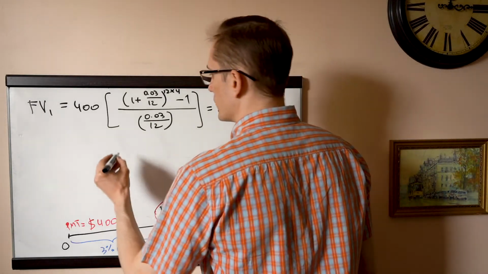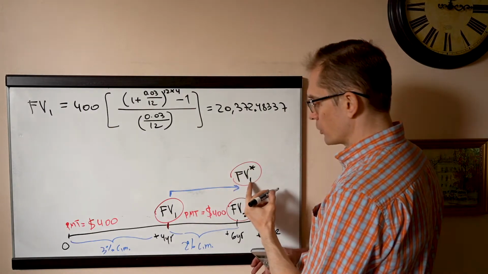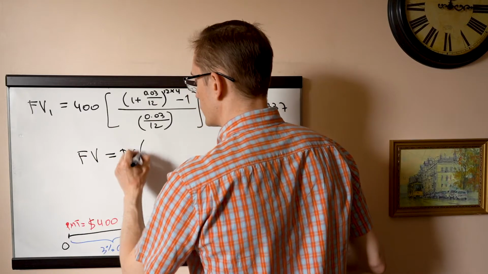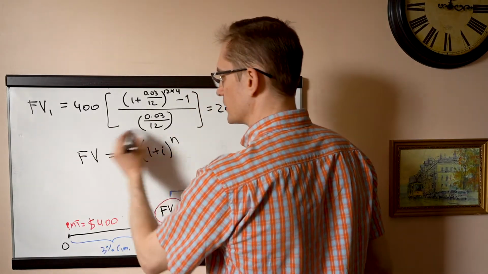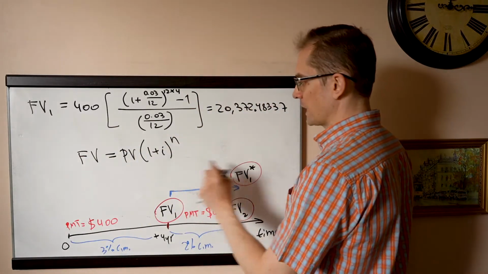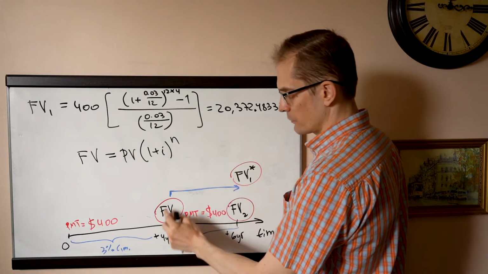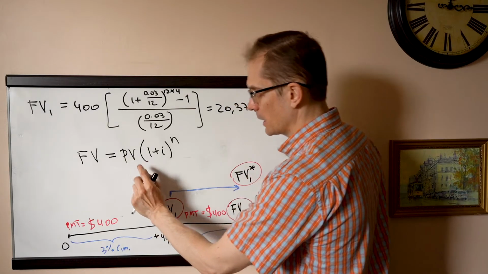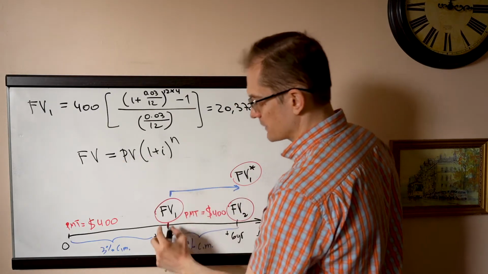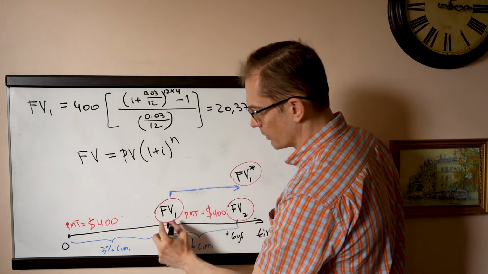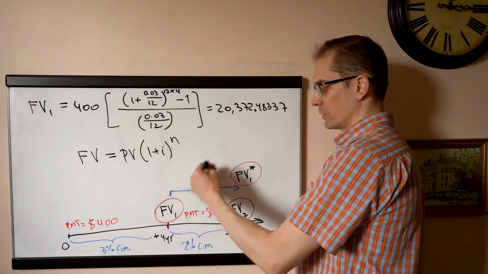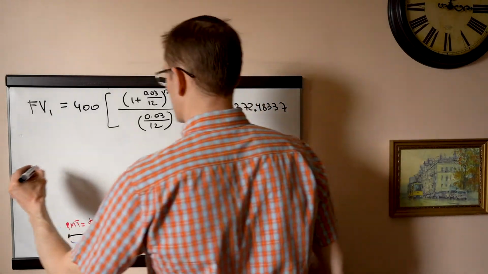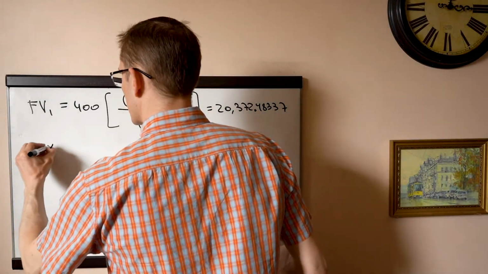So for me to find future value 1 star, I have to use this formula. Basically, this amount, future value 1, will become the present value in this formula, because that will be the amount invested at that moment, which will continue to grow for 2 more years. So let me calculate this future value 1 star.